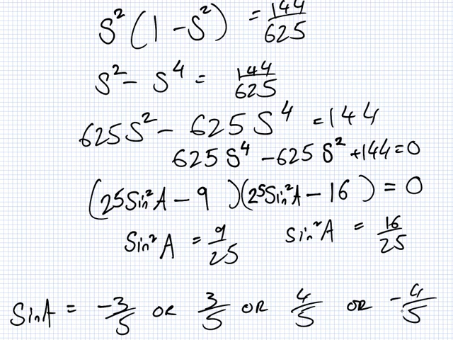Now, straight away, you can reject 2 of these answers, because I tell you a is acute. So sine a must be positive. So this one's rejected and this one's rejected.